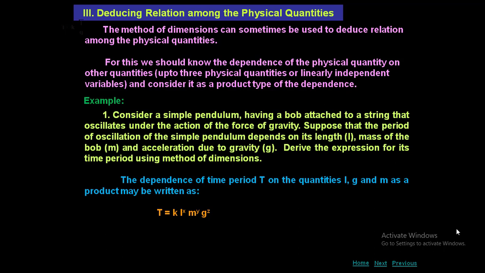So we are imagining the variables as x, y and z, where k is a dimensionless constant and x, y and z are the exponents which we have to determine.